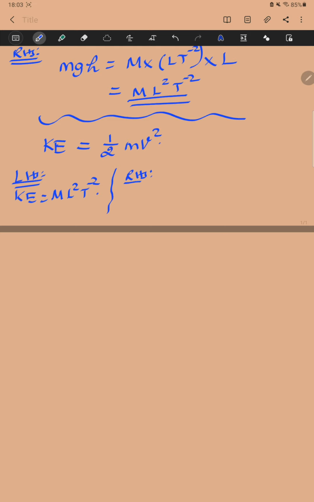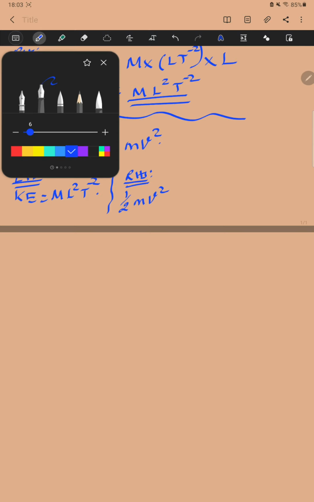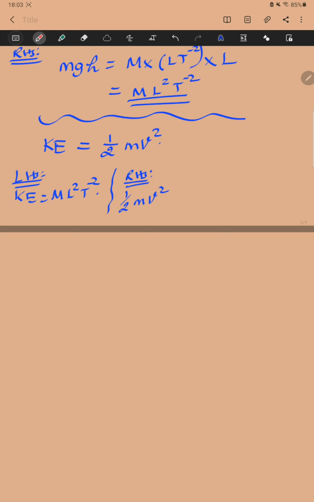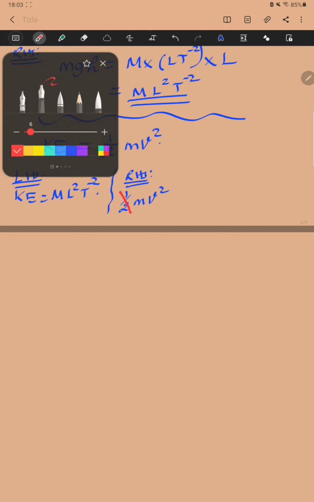Right hand side is half m v square. Half does not have any dimension, so I can cancel this out. So I just have m and v square.